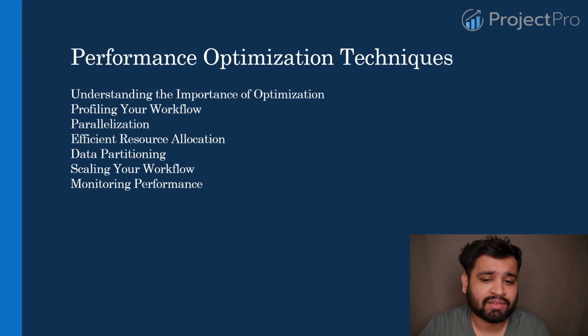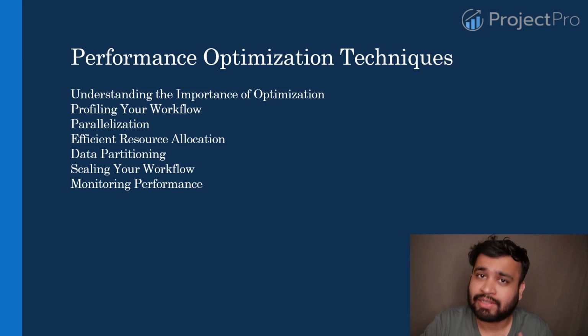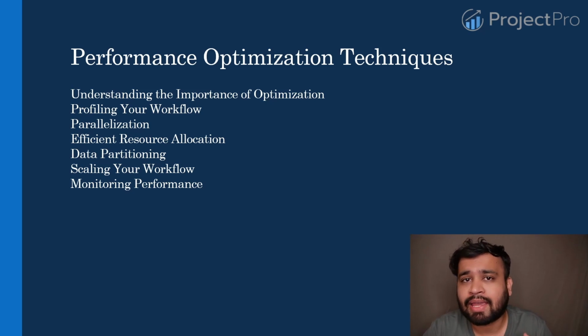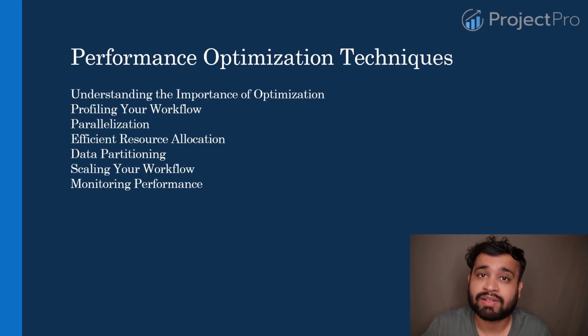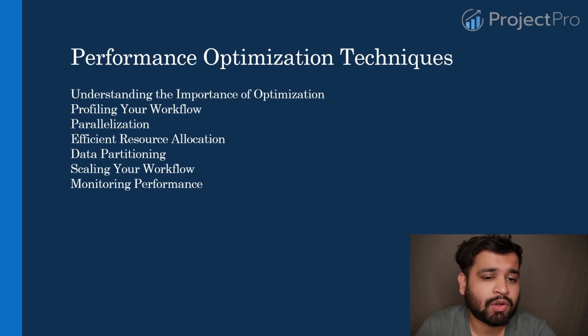Optimization is an ongoing process, so you cannot do it only once. You have to make sure that you are using the right practices again and again once you add other functionality to your DAG, and it involves making your workflow more efficient as well as resource friendly. You should also follow techniques like profiling your workflow.